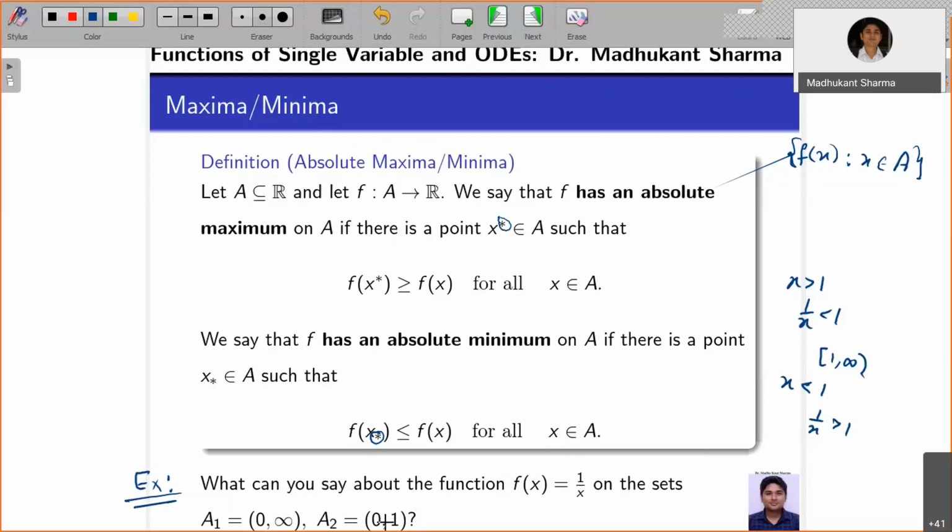Now if you take the interval 1 to 2, then you can certainly talk about both. The 1 by x function is a decreasing function, right? So it will have the maximum at the left hand point and the minimum at the right hand point. At the right hand point it's the absolute minimum, if you include this 1 to 2.